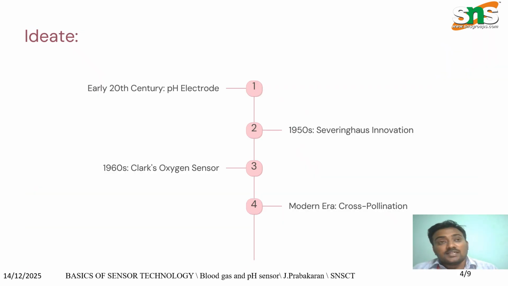The third stage of design thinking is the ideate stage, which means generating solutions. Historically, in the early 20th century, the pH glass electrode was developed, and in the 1950s, Severinghaus improved CO2 measurement, and in the 1960s, Clark developed the oxygen sensor.